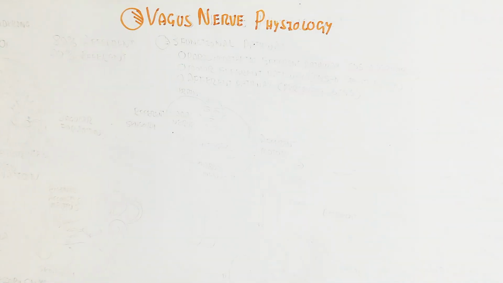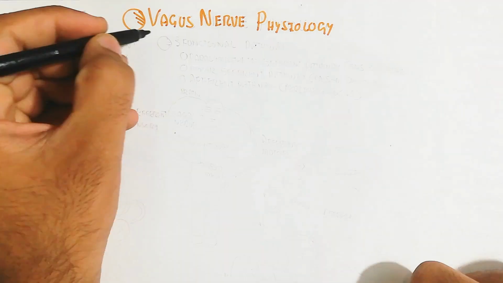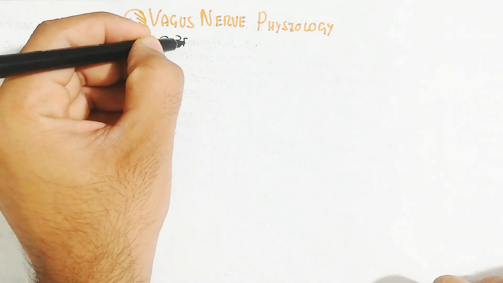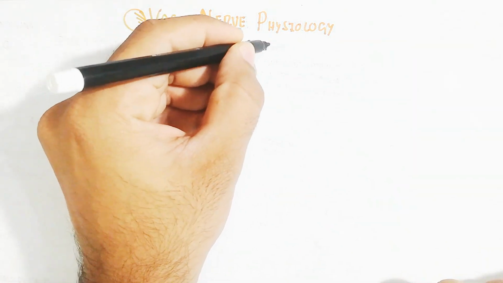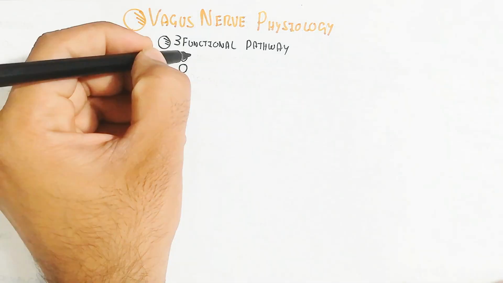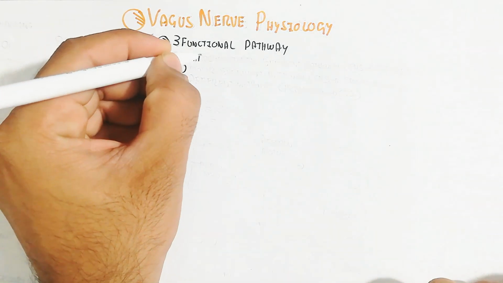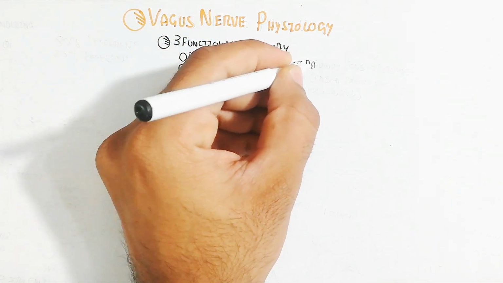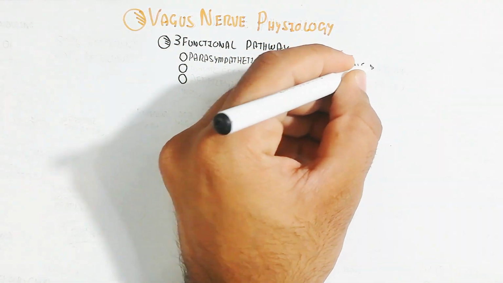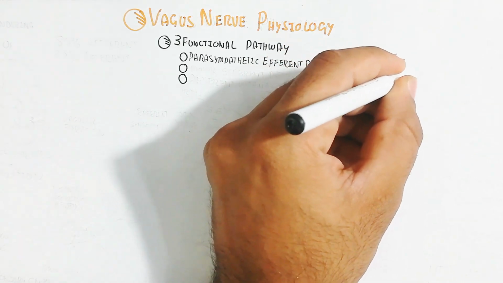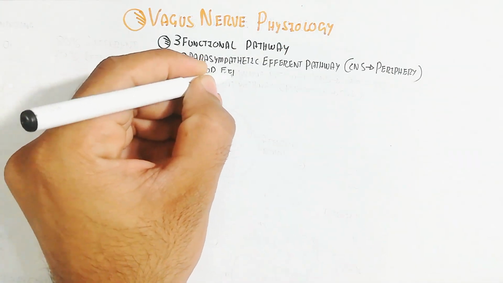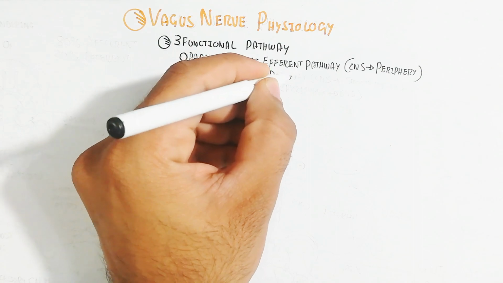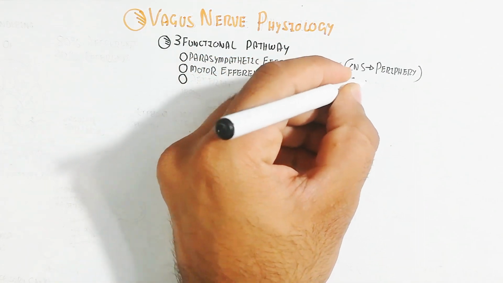In this video, we will understand the three functional pathways of the vagus nerve. The vagus nerve is cranial nerve 10. The parasympathetic efferent pathway runs from the central nervous system to the periphery. The motor efferent pathway runs from the central nervous system to the smooth muscle.